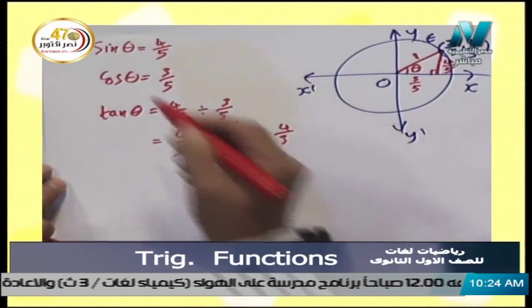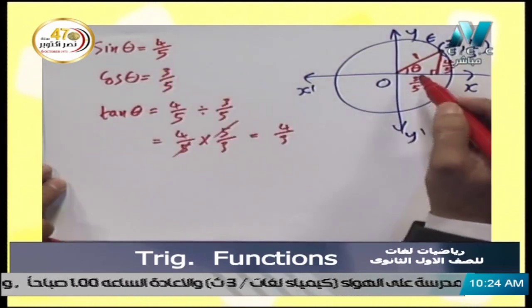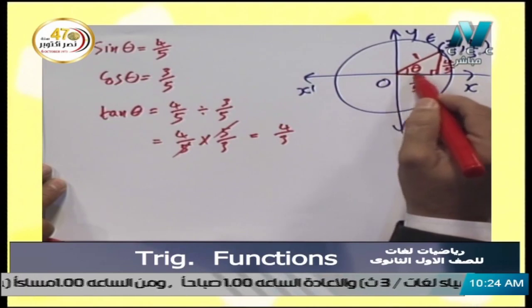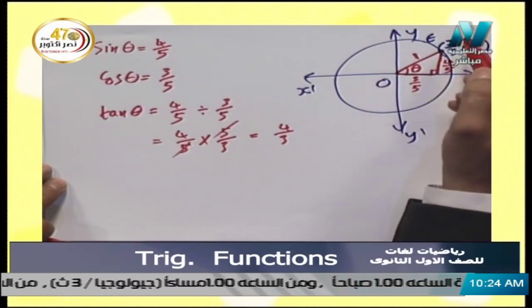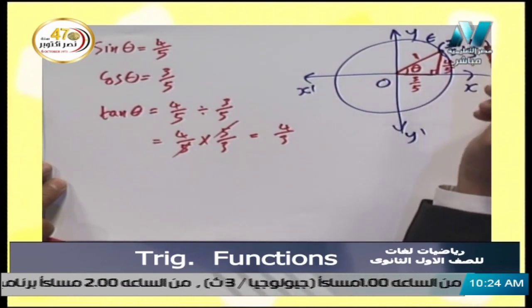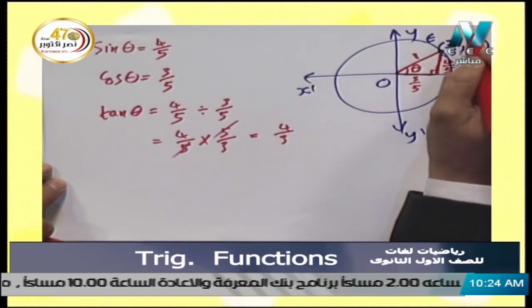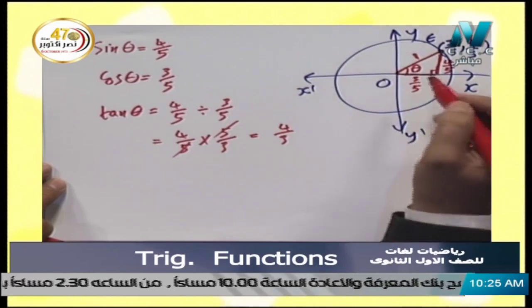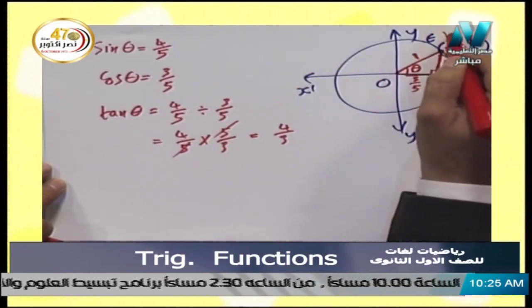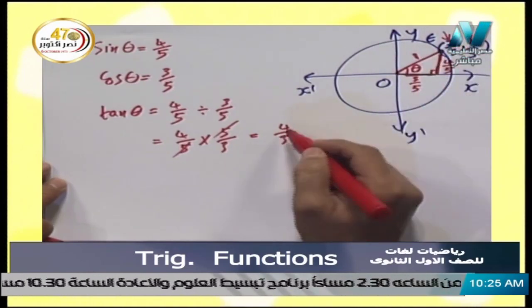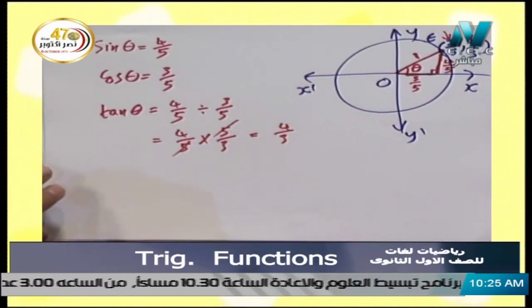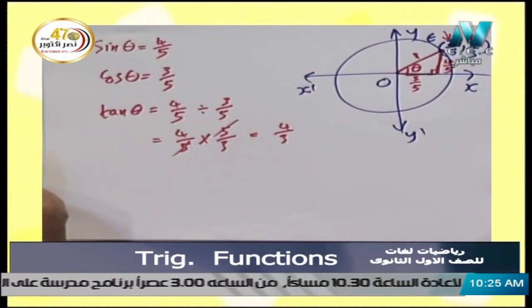So sine theta here is this part, which is y. This is sine, and cosine is this part, and tan is 4 over 3. Let's go to the reciprocals of sine, cosine, and tan.